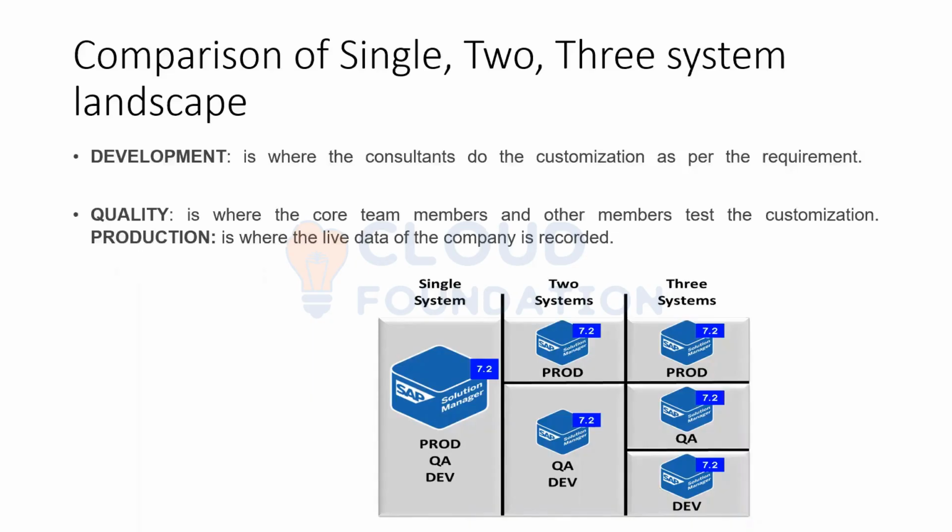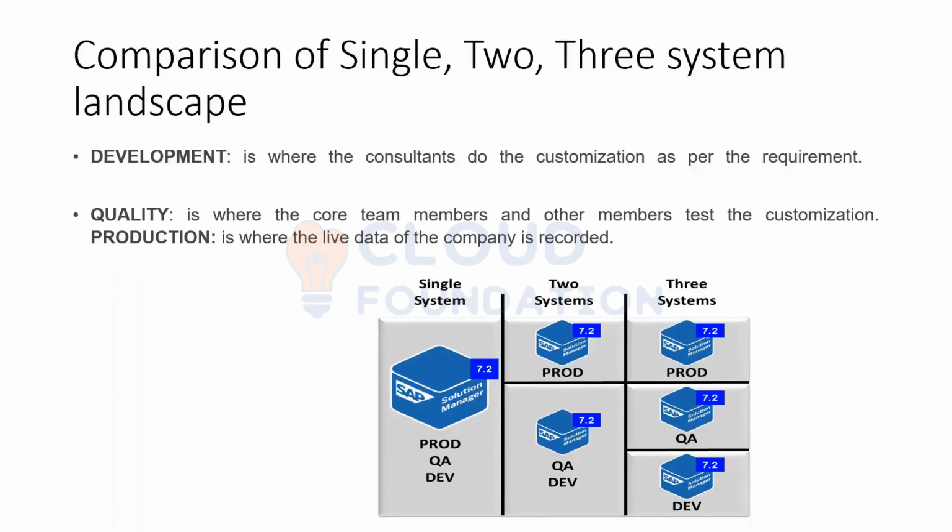The third thing I wanted to ask: now you have this three-tier landscape of dev, quality and production. Why don't we have just dev and production, or quality and production? Whatever you want to test, you test on dev, and if everything is good enough, you move it to production.